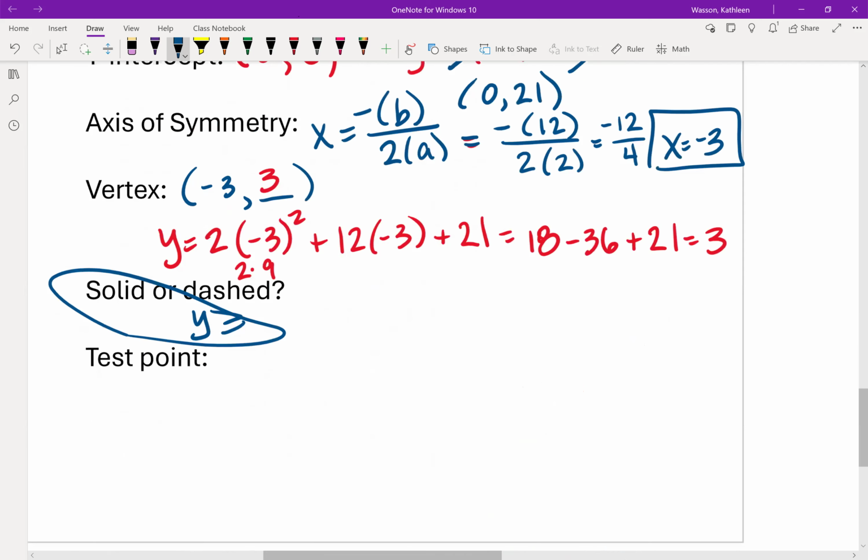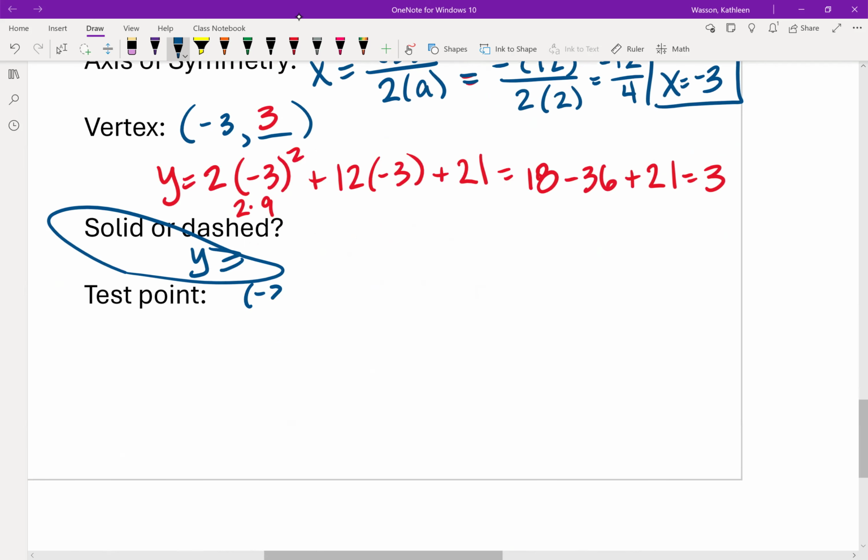So we're going to test -3, 1 in the inequality that we're graphing. So I'll write, is 1 greater than or equal to 2 times -3 squared plus 12 times -3 plus 21.